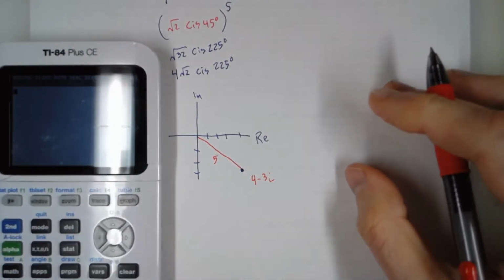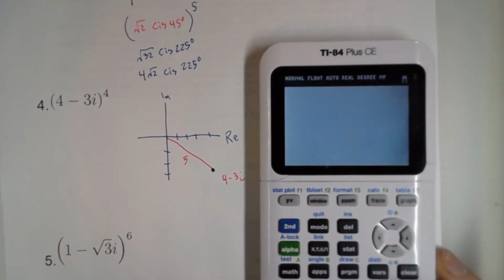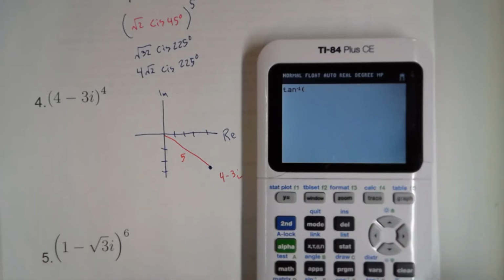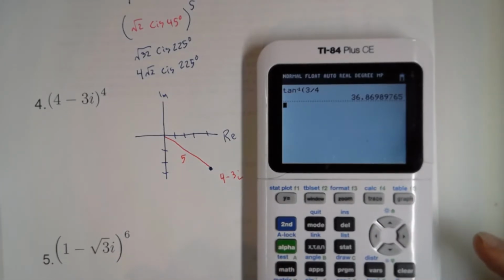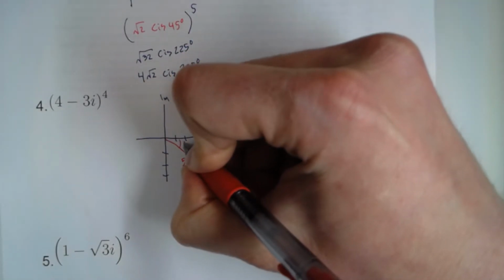A lot of people think that a 3, 4, 5 right triangle is a 30, 60, 90. It is not. So I'm going to use my calculator. So tan inverse of 3 over 4 gives me 36.9 degrees. And that's this right here.